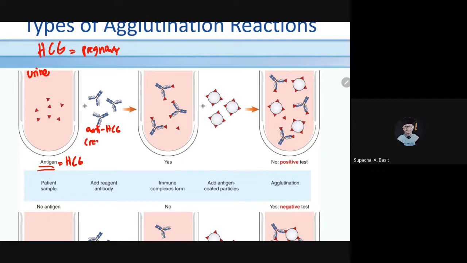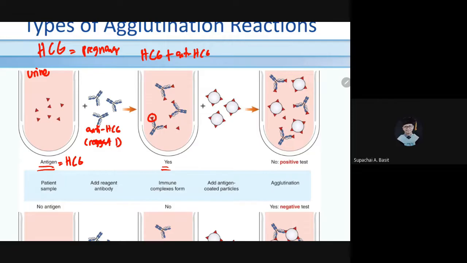Anti-HCG is reagent 1. So what will happen is that the HCG of the patient already binds with anti-HCG. Okay, so HCG is already combined with anti-HCG. Is there an agglutination? Yes. Okay, so there's an agglutination.